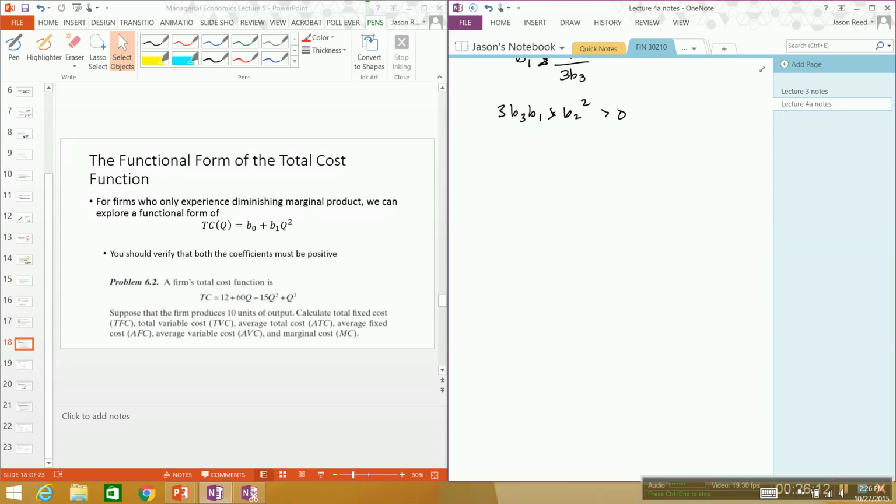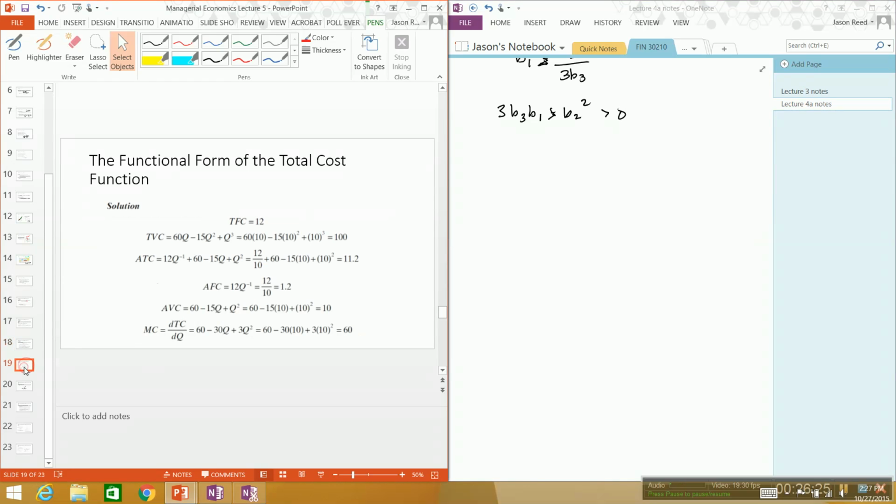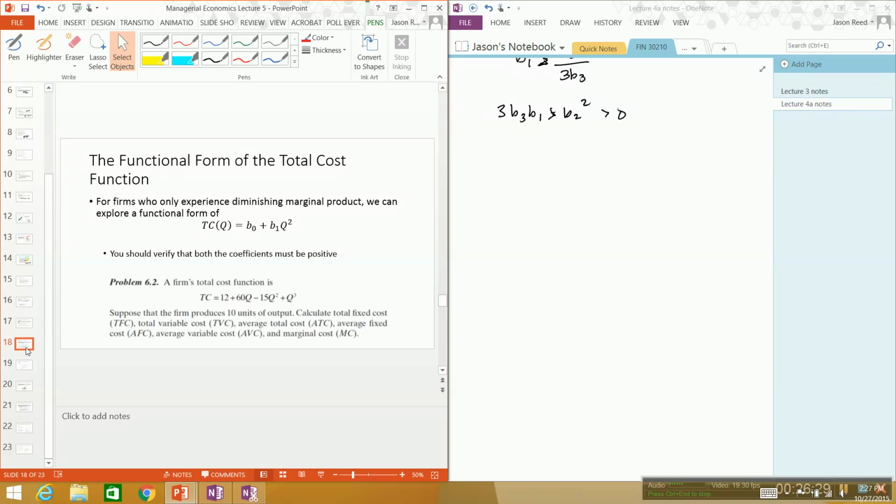So suppose a firm produces 10 units of output, calculate total fixed cost, total variable cost, average total cost, average fixed cost, average variable cost, and marginal cost. And the way we do that, total fixed cost is going to be 12. Regardless of what we do, we plug in 10 here, doesn't matter. We know that 12 is essentially this fixed number for ourselves. So that's our fixed cost.